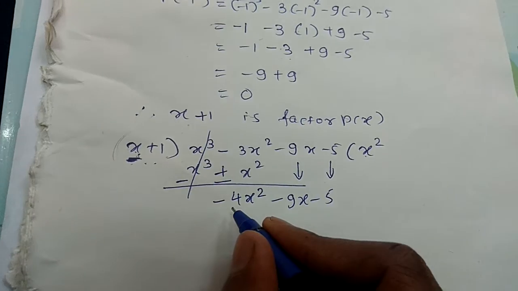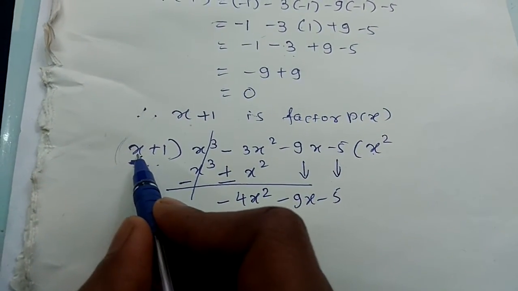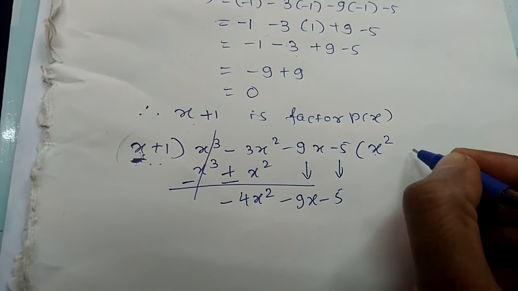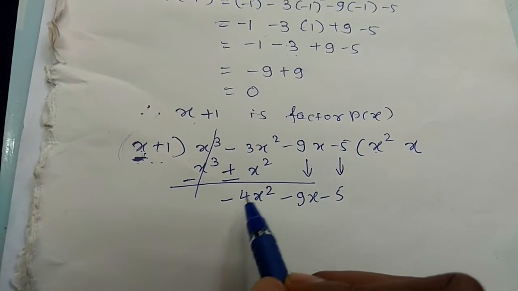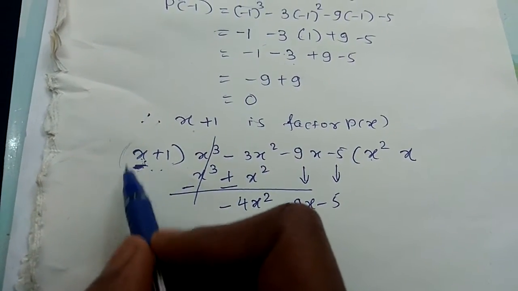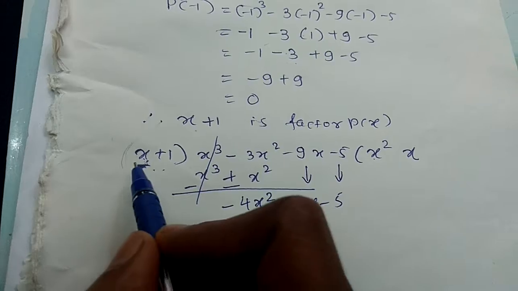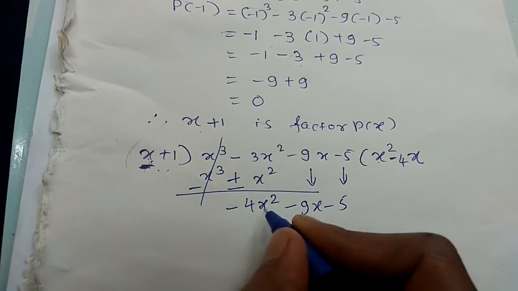Next you have to eliminate minus 4x square using the first term of the divisor. Here we have x, we need x square, so we multiply with x. Next we want minus 4, and the quotient is 1, so we multiply this quotient with minus 4 to get minus 4x square.